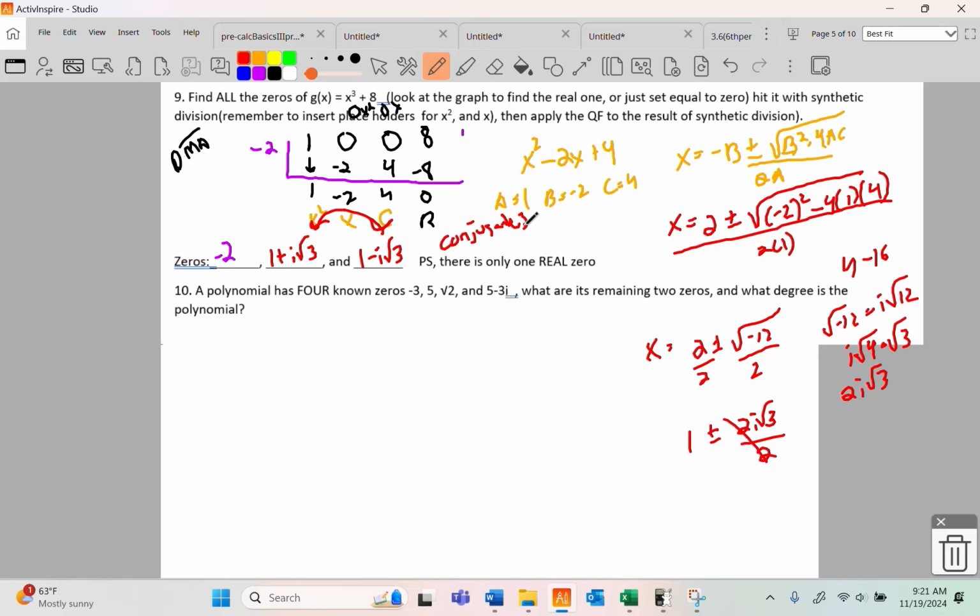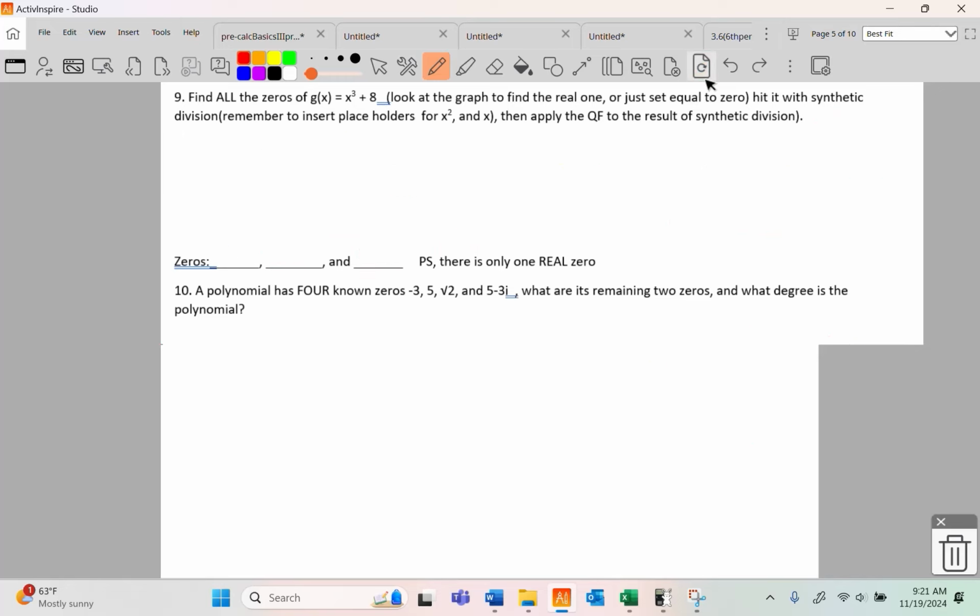Polynomial has 4 known zeros. What are its remaining 2 zeros, and what degree is the polynomial? So the idea here is weird zeros have conjugates. And these are not weird. Those are not weird.